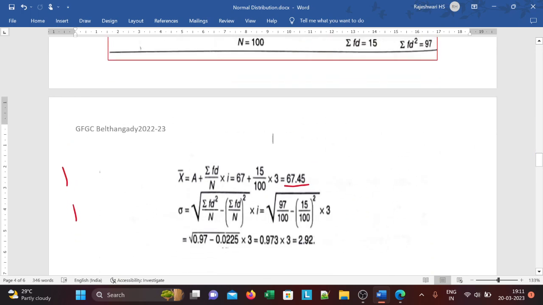Remember, 97 divided by n, which is 100, minus 15 by 100 whole square, into 3. If we simplify this, we get standard deviation 2.92. So remember the two values. The first one is x bar 67.45 and the standard deviation 2.92. So no need to panic.